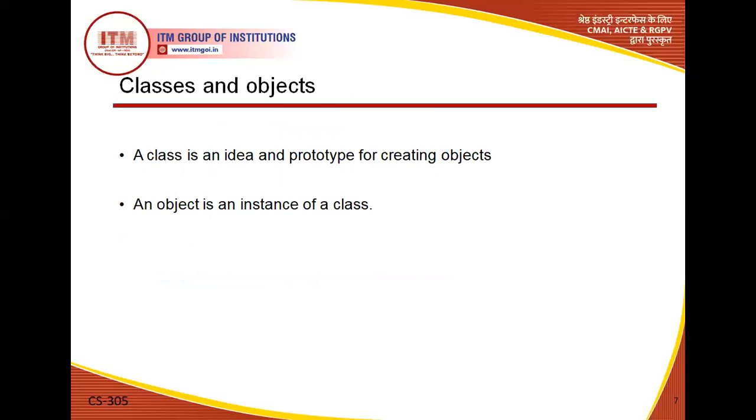Now here we'll discuss two important points, which are classes and objects. First of all, the very basic question in our mind is which term we should discuss first, the class or the object.